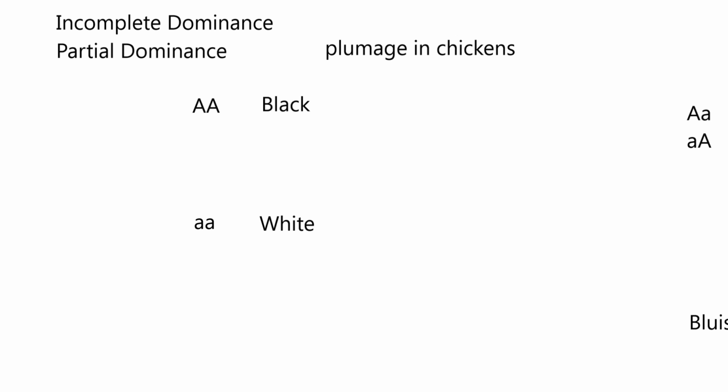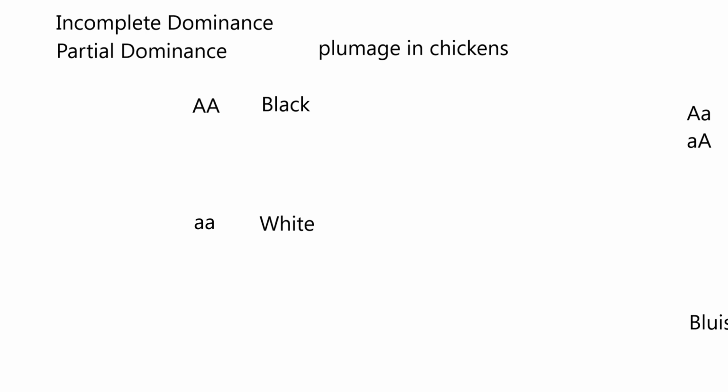Large A makes black chickens, and then a little a makes white chickens. Okay, I'm going to put that down there. So large A, black, and maybe what I'll do is I'll write that in here. Okay, so if I didn't say so, I'm talking about plumage in chickens. So large A gives you a black plumage.